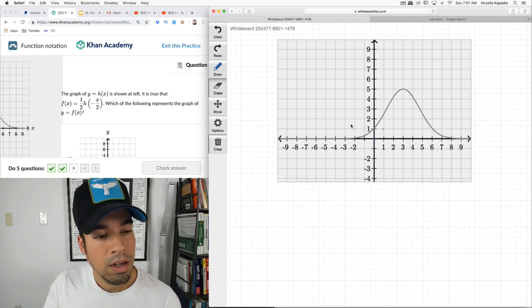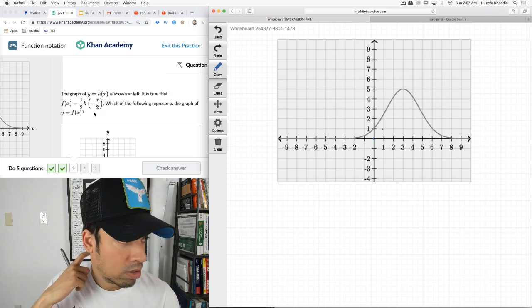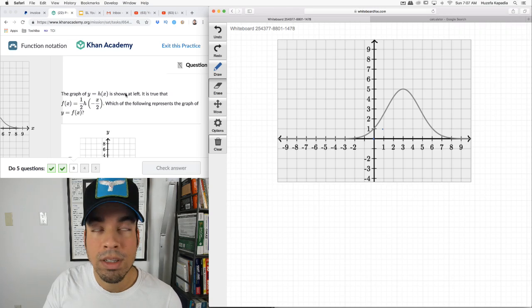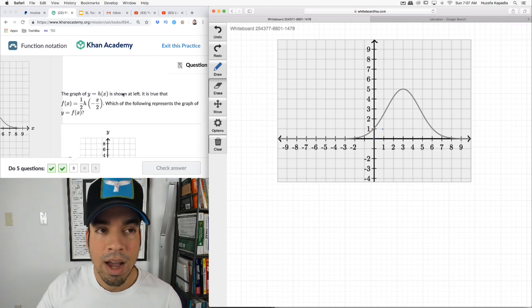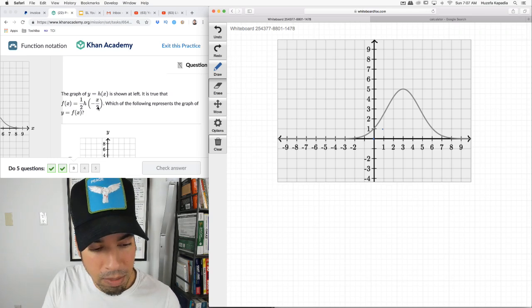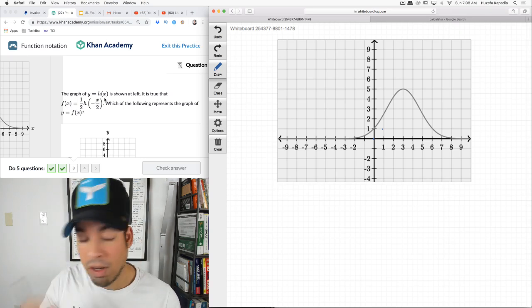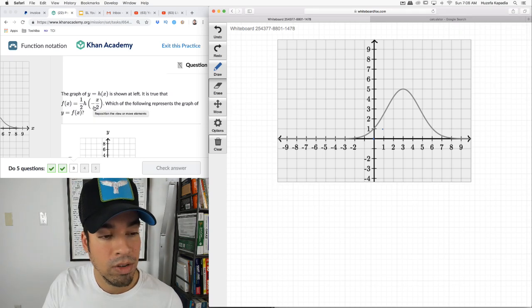When we're talking about a 1/2 within the x, hold on, that one is the opposite. If we deal with a number greater than 1 in here, it's the reverse: it's the equivalent of a horizontal stretch.